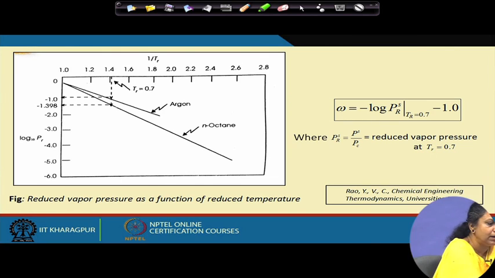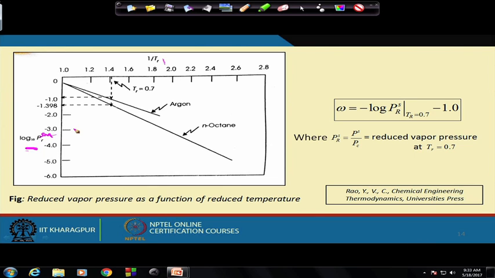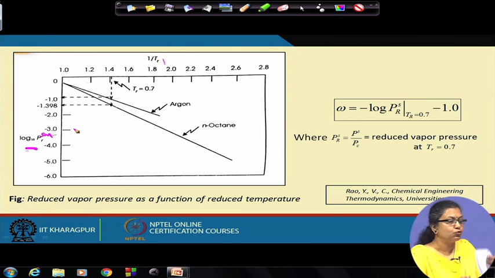How was this third parameter brought about? The third parameter was brought about by plotting, as I have made here, log of PR saturated against 1 by TR. So they plotted log 10 PR saturated as a function of 1 by TR, and found that for different gases the slopes of these curves were different.